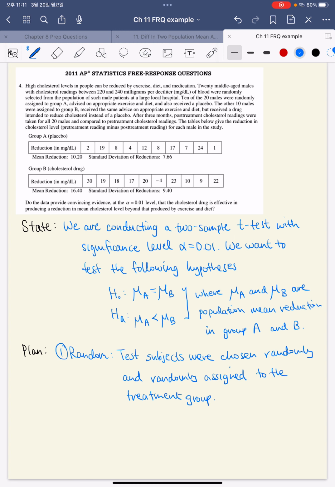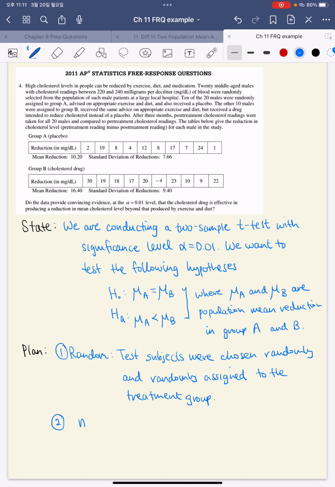And then the next thing you need to talk about is, well, in this case, we won't really talk about independence. Maybe pause the video and think about why we don't have to test independence. The answer is because when you're testing a drug, okay, never mind. You know how when we are testing independence, we have to use the 10% rule, which is that the sample is less than 10% of the population.